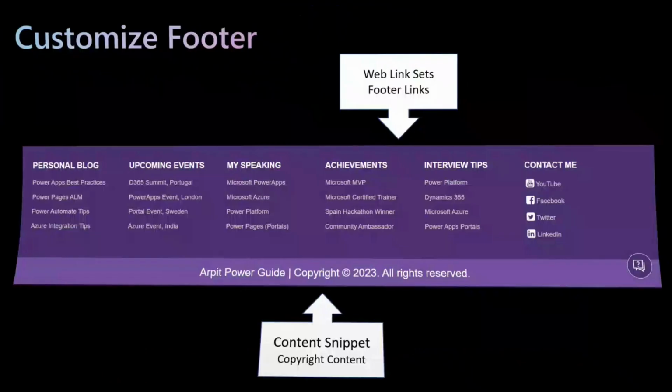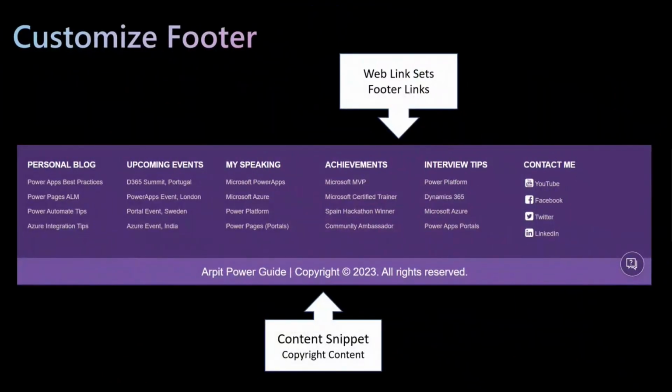Now, if I talk about the footer, there are a lot of questions about how I can customize the footer and make it look as per my company website. Here also the thing is the same, because most of the time I have seen on websites there are two or three types of information on the footer. The first is your copyright information.